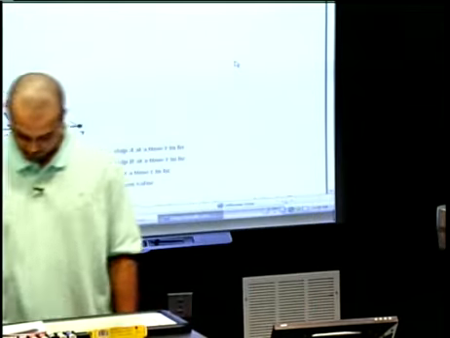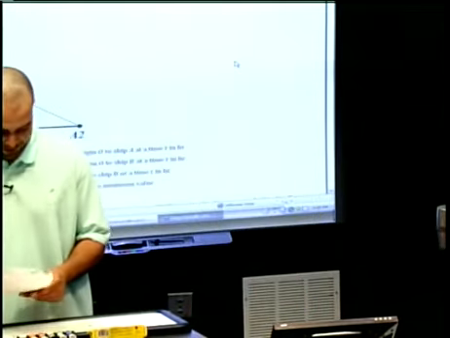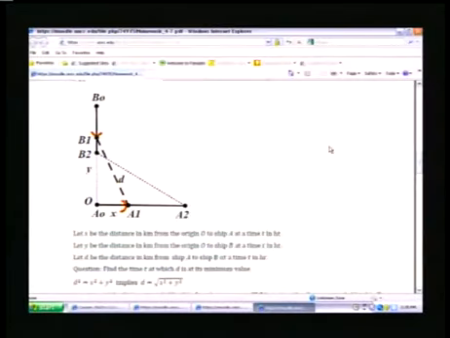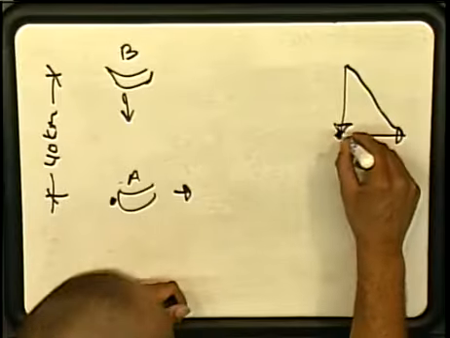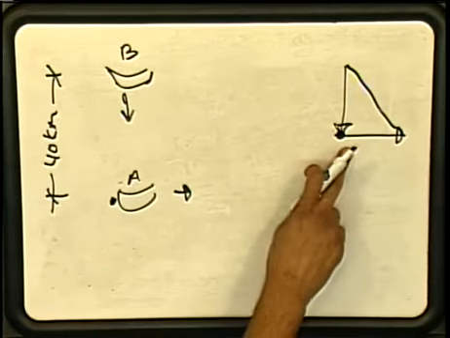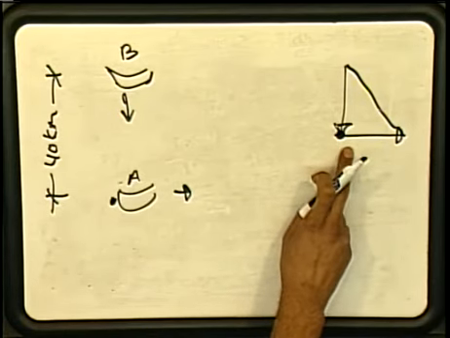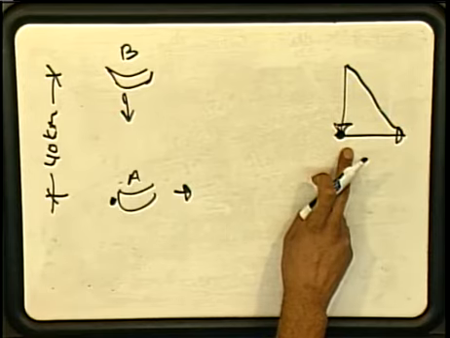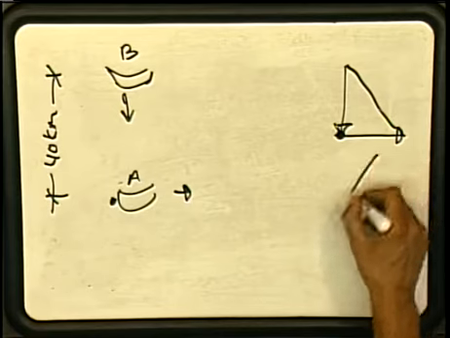Let x be the distance in kilometers from the origin to ship A, right here for this graph. Let y be the distance in kilometers from the origin to ship B at a time t in hours.